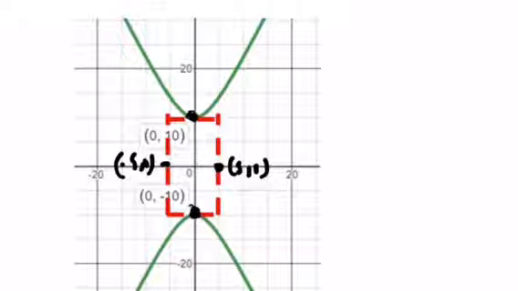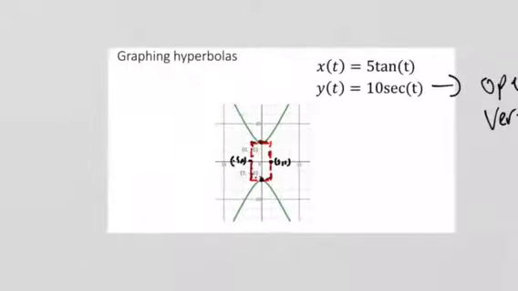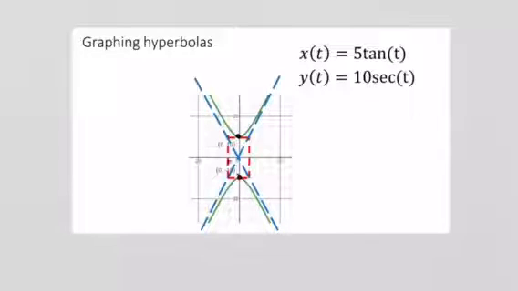And then we make this little box using those 4 major points, right? And then we use the corners of those boxes to determine the slope of the asymptotes. So we draw the asymptotes in, and now we know that our hyperbola has to exist between those asymptotes.